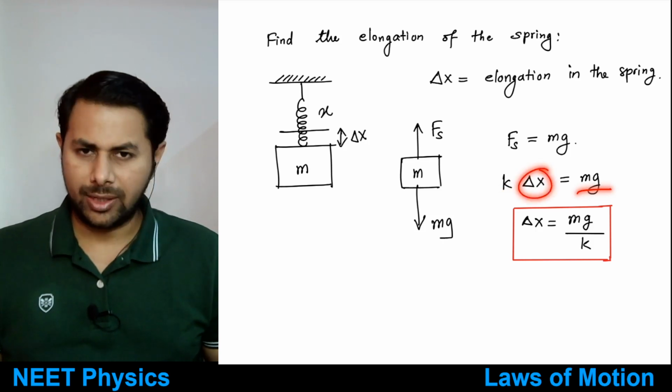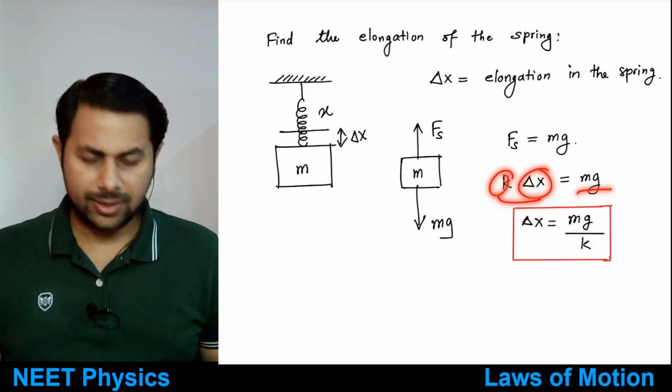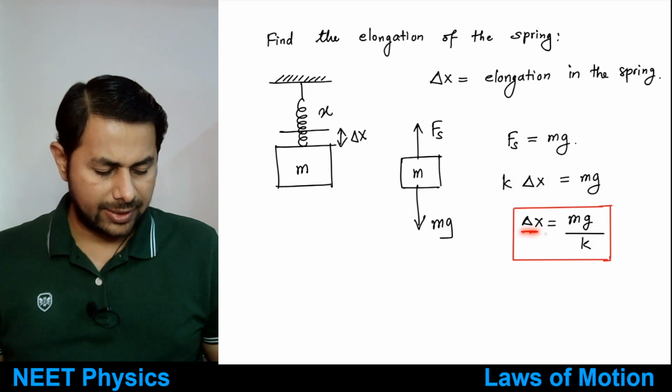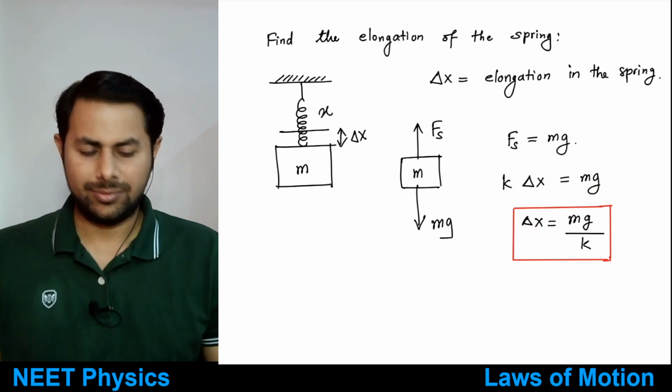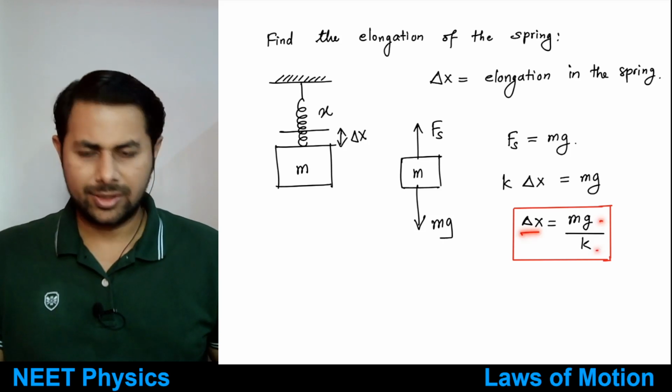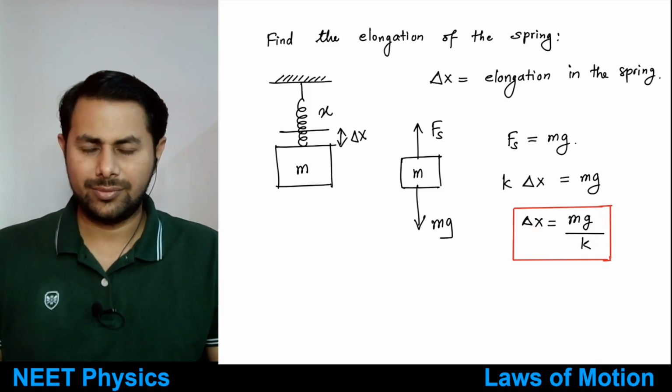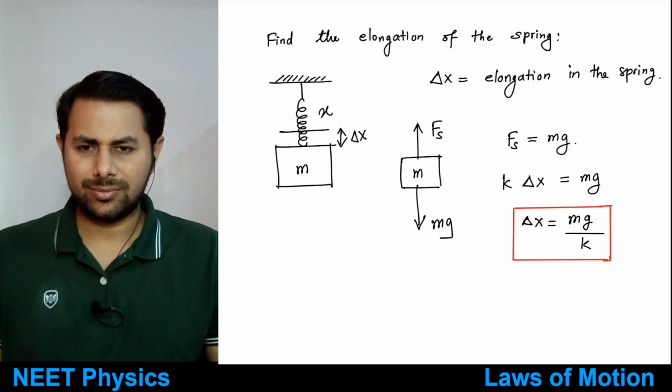If you want to find the elongation, just move k to the other side, so you get delta x is equal to mg divided by k. Very simple. So this is the elongation in the spring. Is this clear?